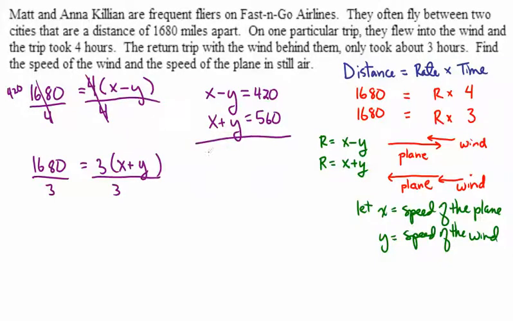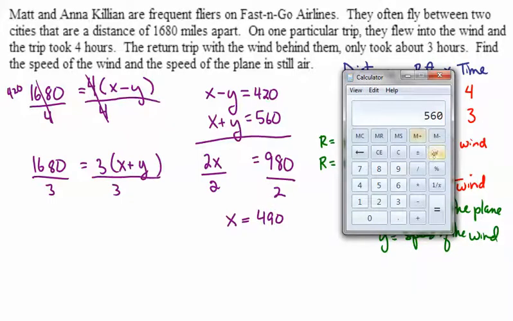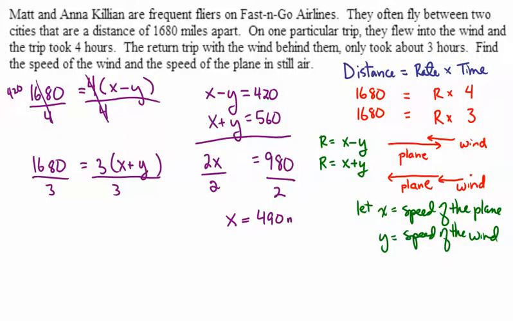Now if I were simply to add these two together, the y's are going to cancel out, and I'll get 2x is equal to, you can use your calculator to add those, it'll come out to be 980, divided by 2, and x will give me 490. So let's just double check that. 980 divided by 2 is 490, and that is miles per hour.